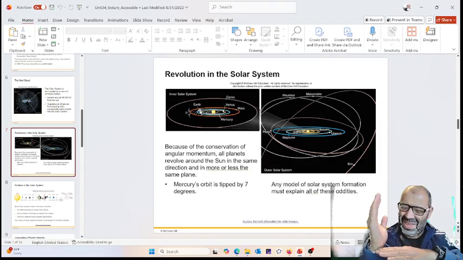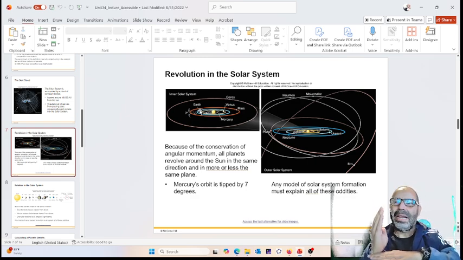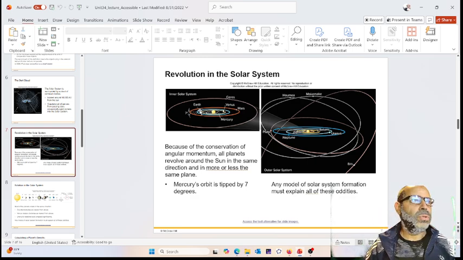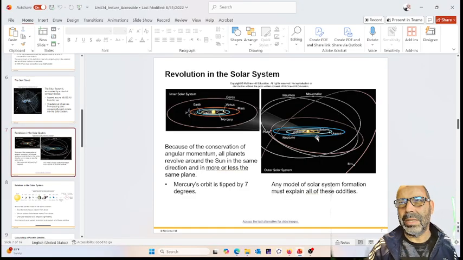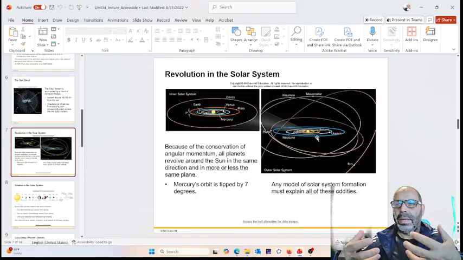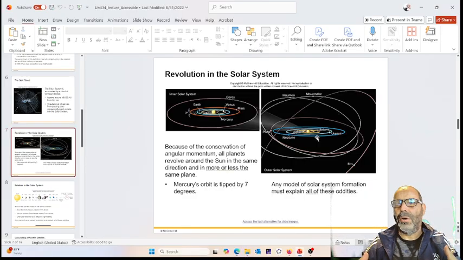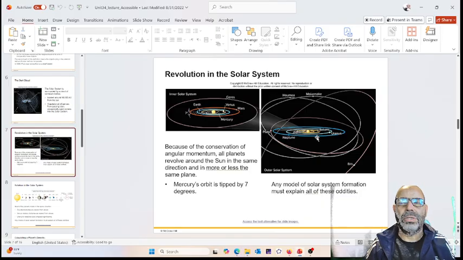So anyway, the point here is the conservation of angular momentum. So what happens to objects that don't obey this, that are slightly on and off? Well, probably immediately after the solar system formed, there was a lot of debris here and there, so there were interactions and collisions that caused these objects to go slightly on and off.